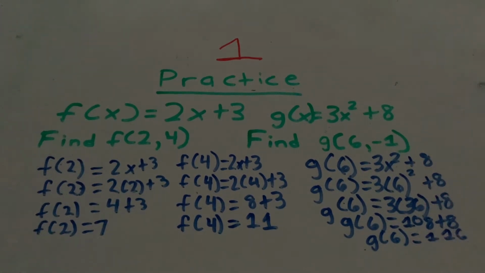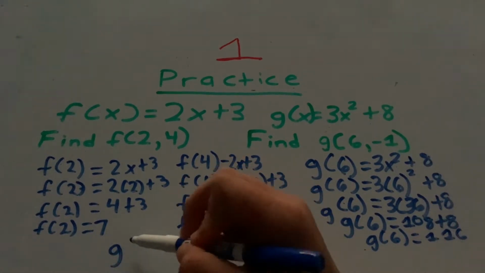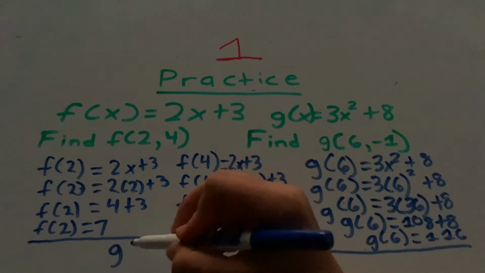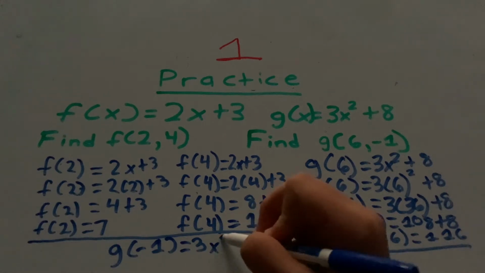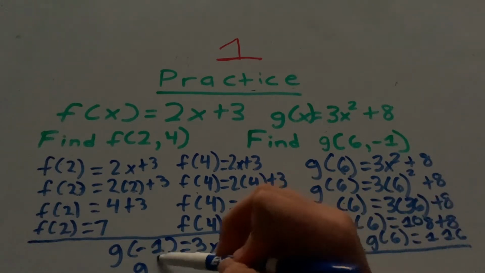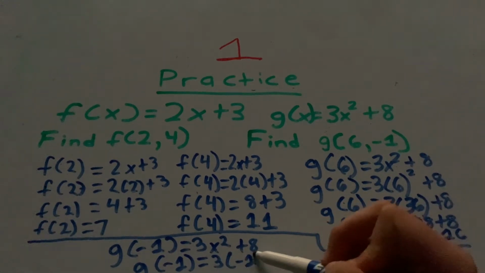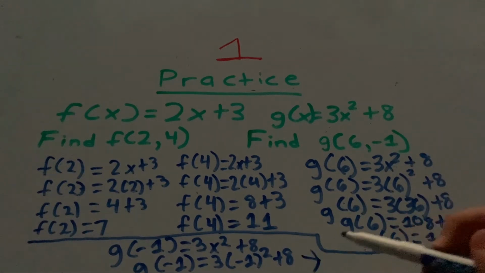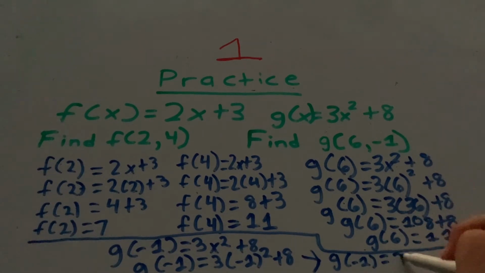And lastly, now we're going to do g of negative 1. Rewrite the equation. g of negative 1 equals 3x squared plus 8. Now we plug in the x. g of negative 1 equals 3, parentheses negative 1 squared, plus 8.